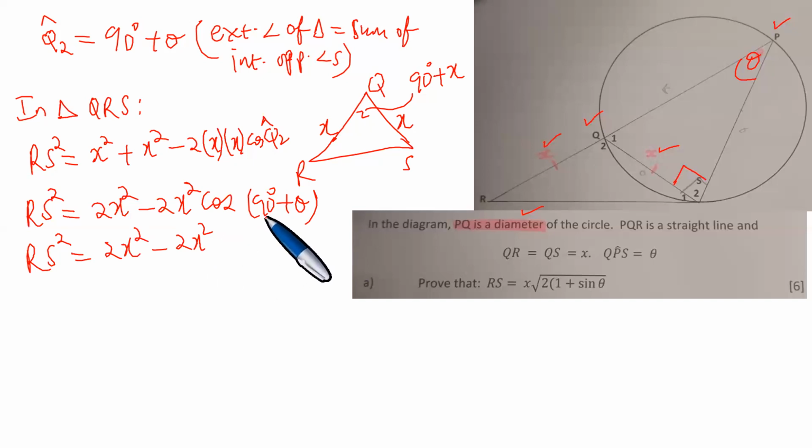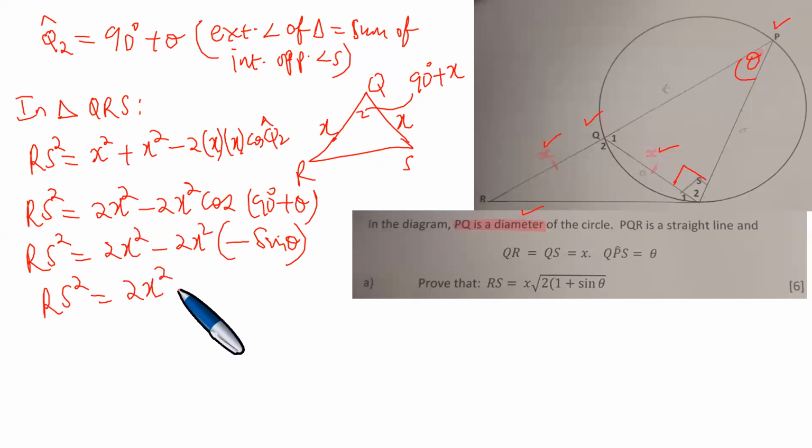In which quadrant is 90 plus theta? It is in the second quadrant. In the second quadrant, the cosine itself is what? It is negative, but it changes to the cofunction, and the cofunction of the cosine is the sine of theta, meaning RS squared is the same as twice X squared.